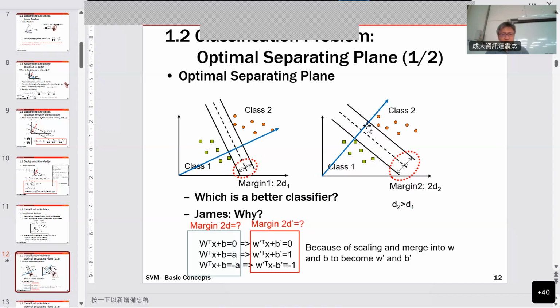See, this is a line, sorry, a W, the normal direction W, and this is a line. So this is rotation, the same as LDA. So we try to find the best W. The best W can have the bigger margin here.